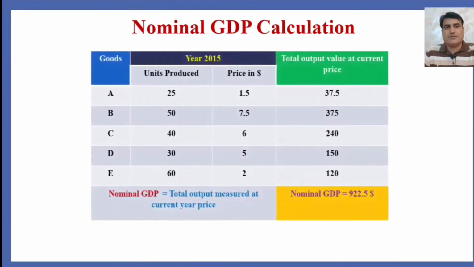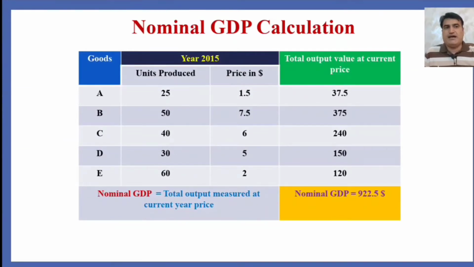As we know, GDP is the market value of all finished goods and services produced in a country during a period of 1 year, and nominal GDP means the total output is calculated at current market price.